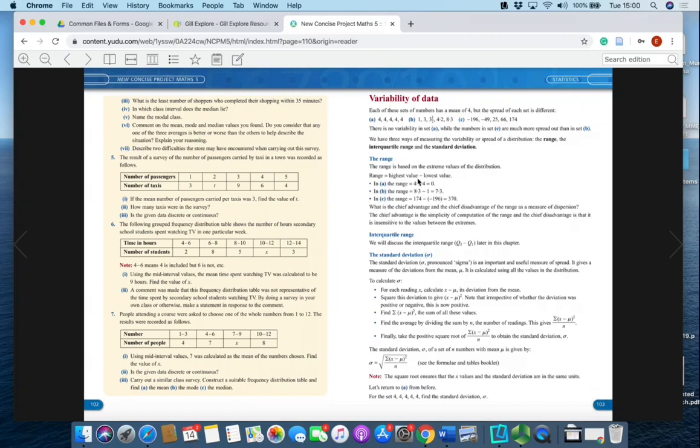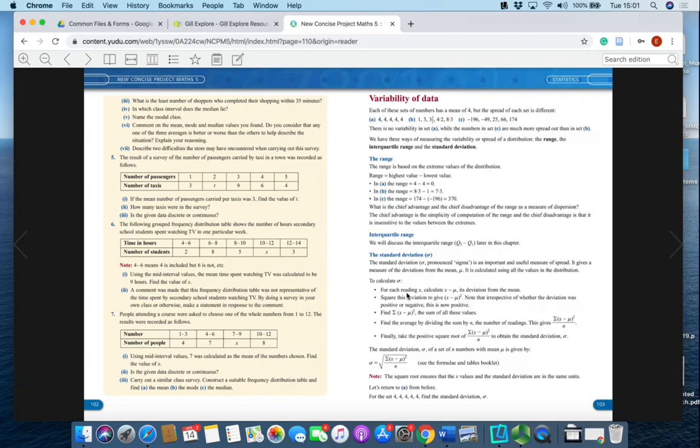So no matter how many data points you have, the range only considers two values. Interquartile range is similar. It still only uses very little of your values. It's the third quarter value minus the first quarter value. Standard deviation is liked because it takes every single value and compares it to the mean, mu.